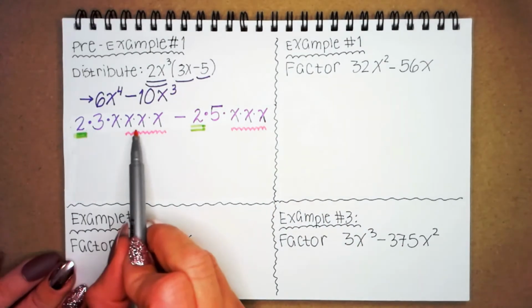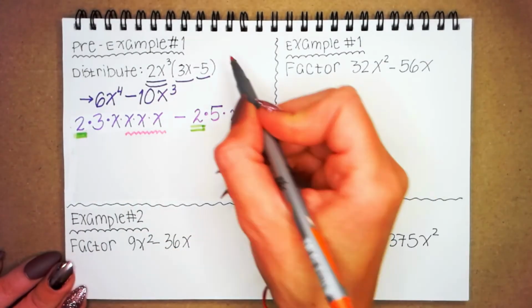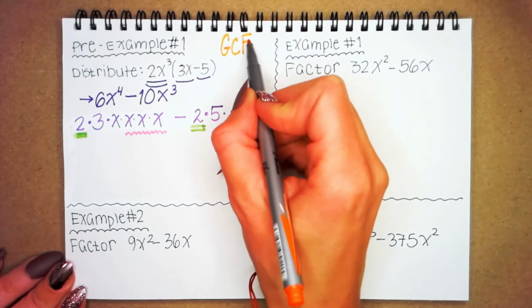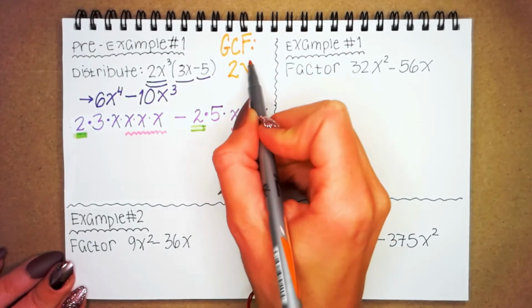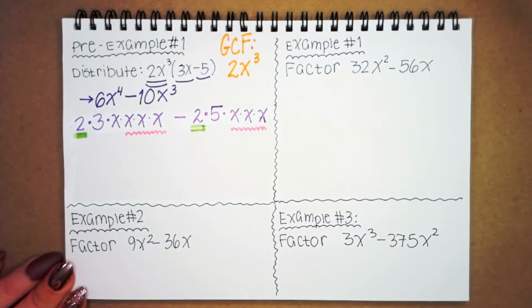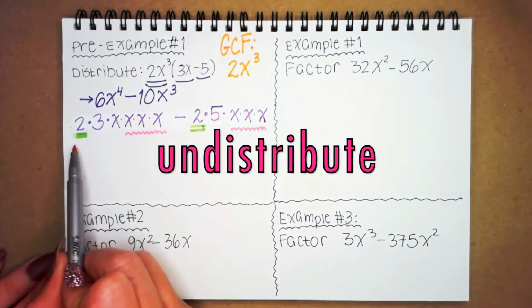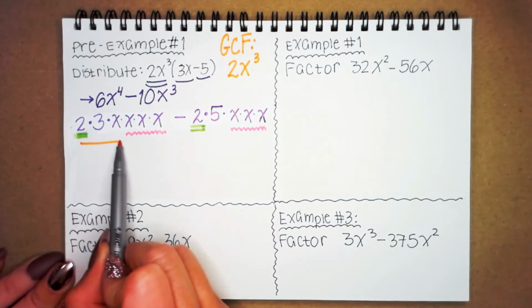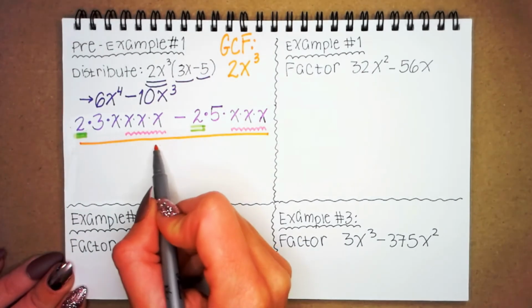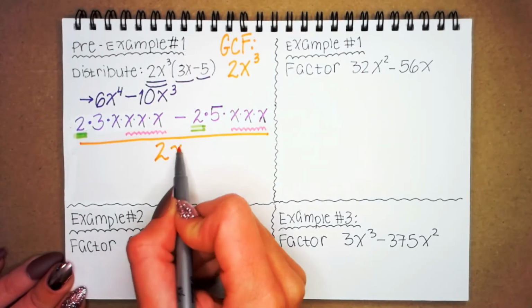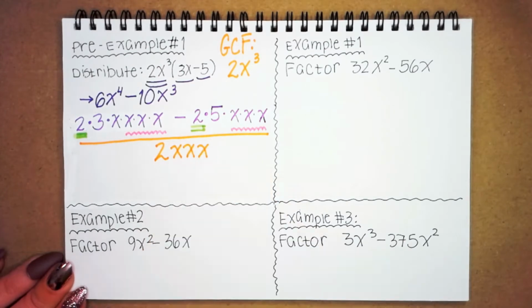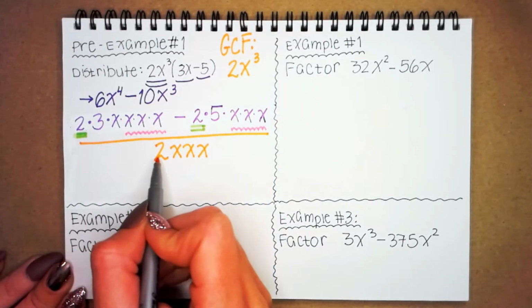Since 2x to the third is what they have in common, I'm going to make a note of it that this is my GCF. Since that's my greatest common factor, and I want to undistribute it, I need to divide to take it out. However, we're not supposed to just divide randomly when we do math. You're changing the value of the expression.